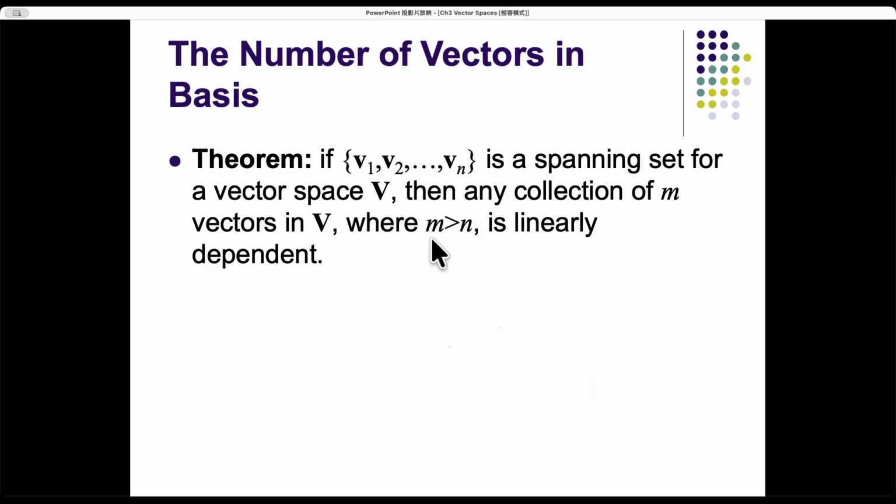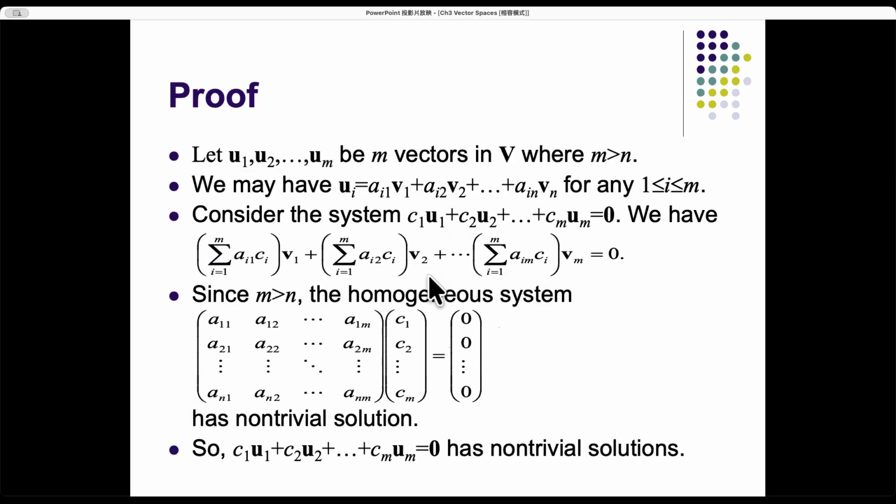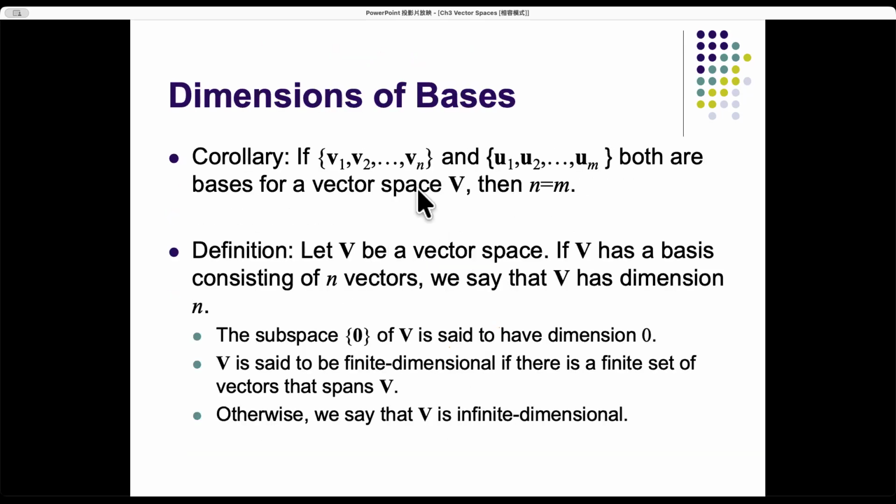We showed that this must be linearly dependent. In other words, it is not linearly independent. So if the first one is the basis, the second one cannot be the basis because they are linearly dependent, right?